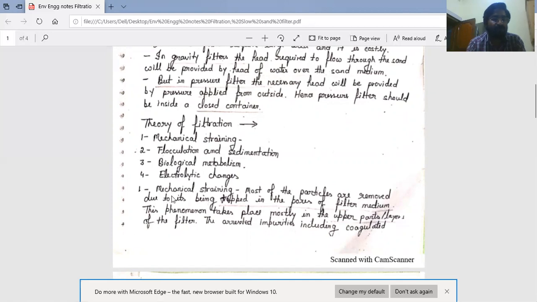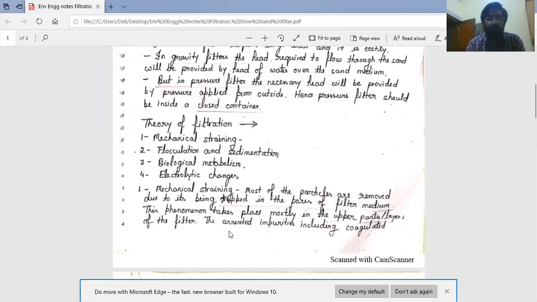First theory says mechanical straining. Most of the particles are removed due to being trapped in the pores of the filter or voids of the filter medium, sand or gravel. This phenomenon takes place mostly in the upper layer of the filter.